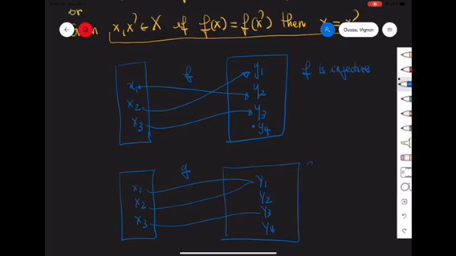So since g of x1 is equal to g of x2, but x1 is not equal to x2, then g is not an injective function.